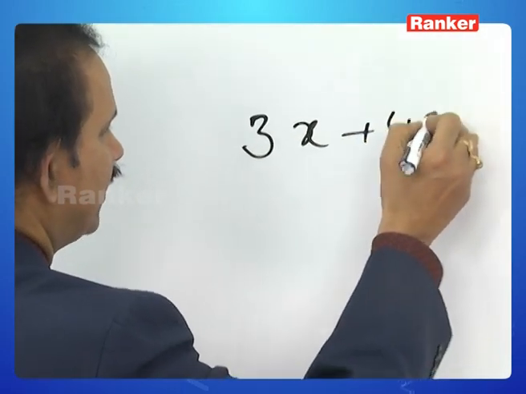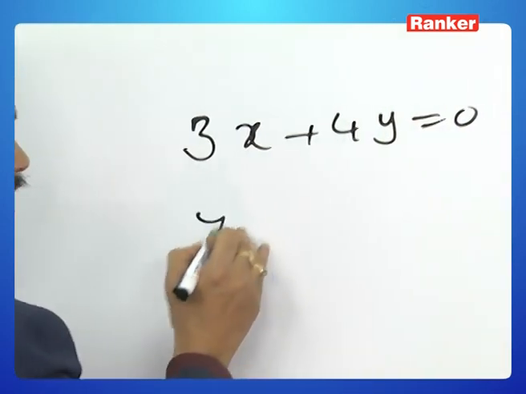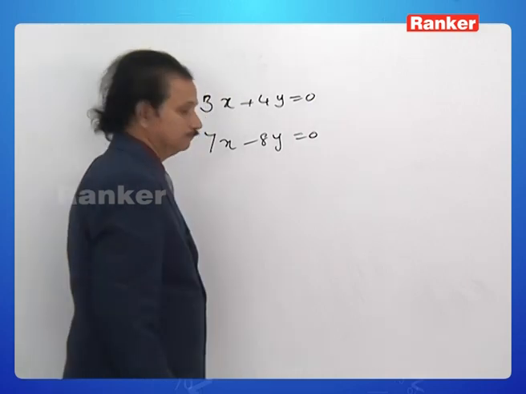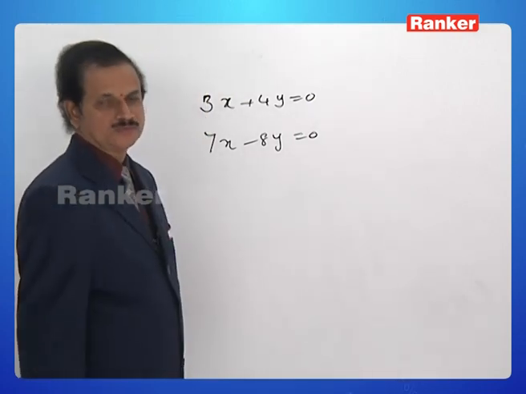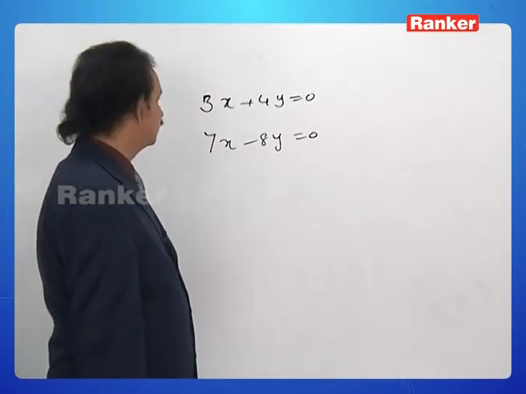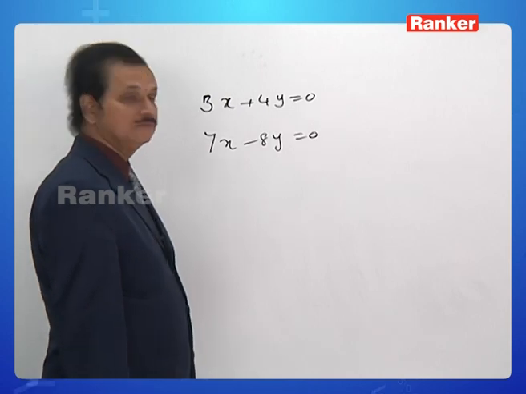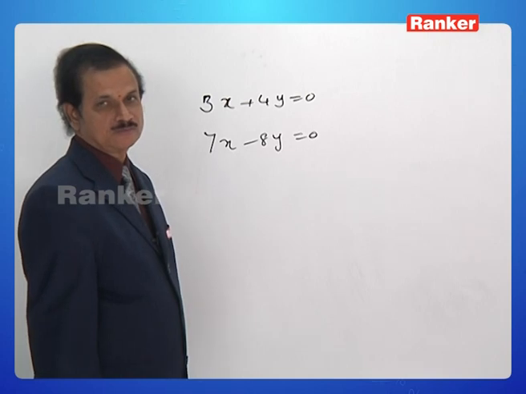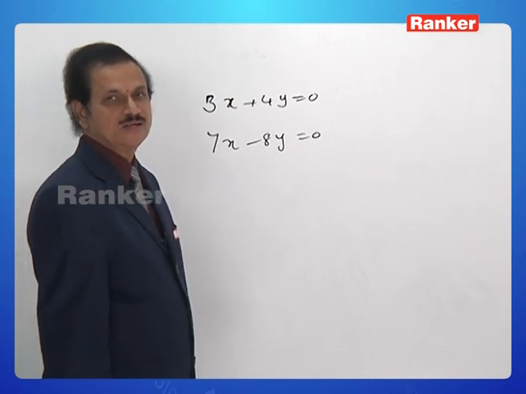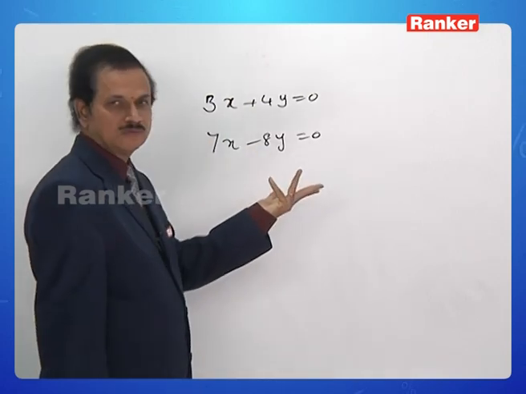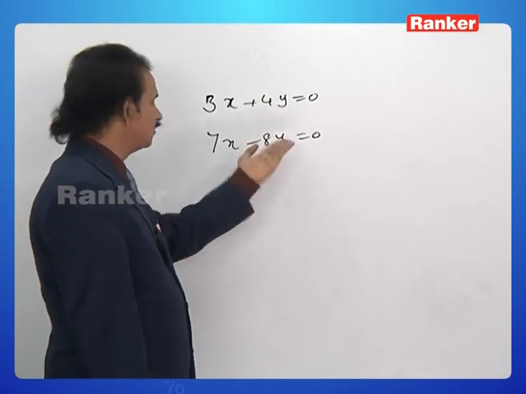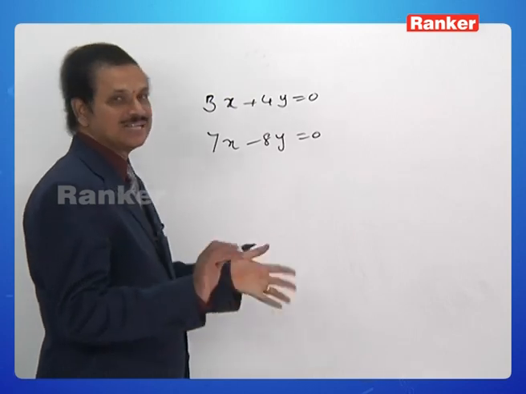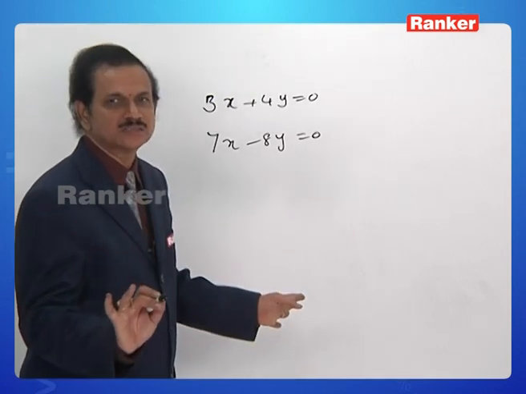3x plus 4y is equal to 0 and 7x minus 8y is equal to 0. Well, x equal to 0, y equal to 0 is surely one solution. Nobody denies that. 0 plus 0, 0. No problem. Is there any other solution or not?